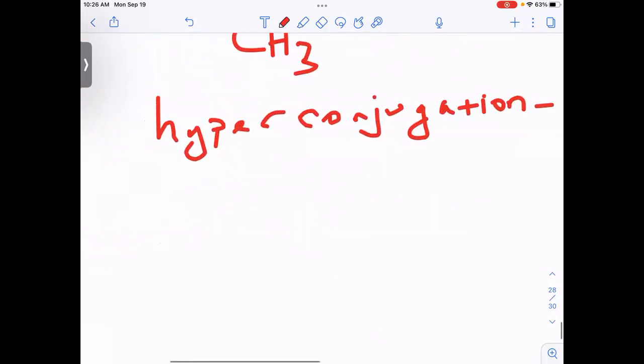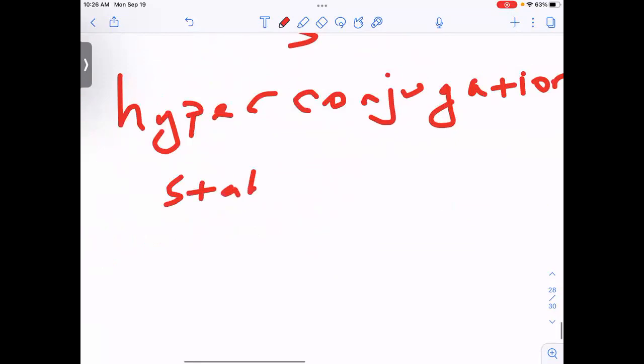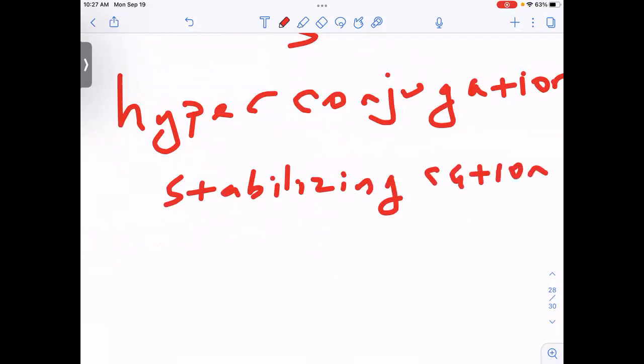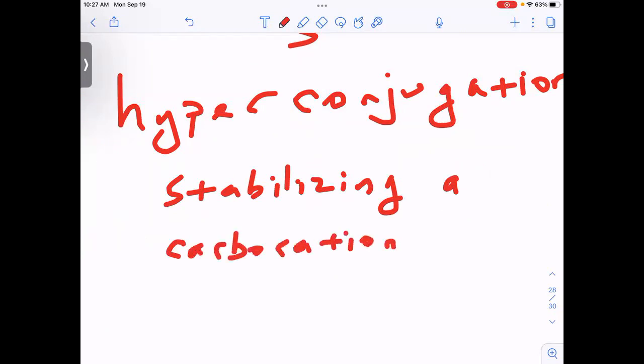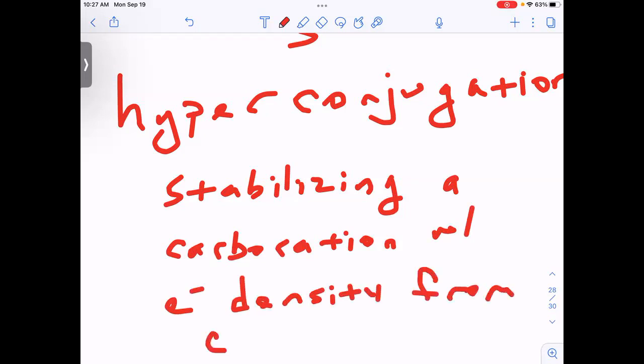And that is stabilizing a carbocation with electron density from carbon-carbon single bonds.